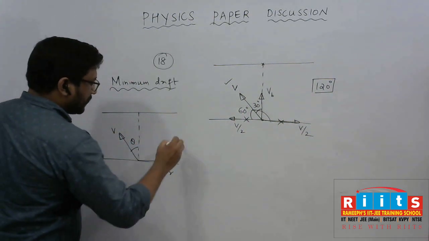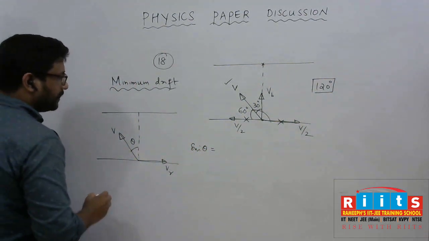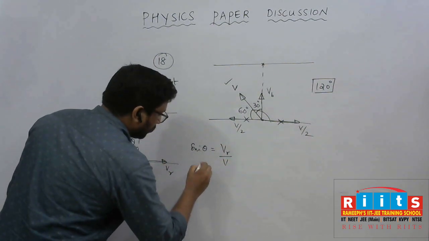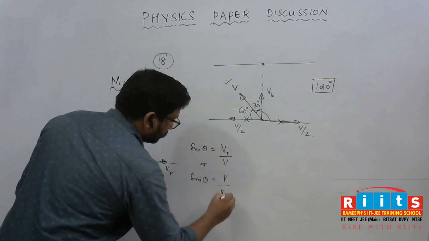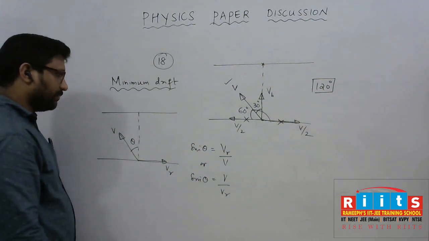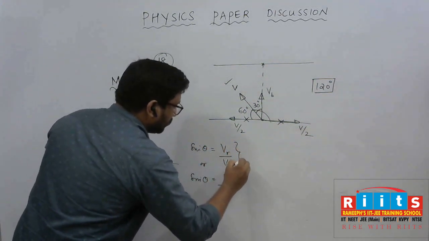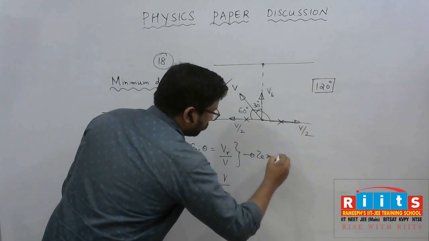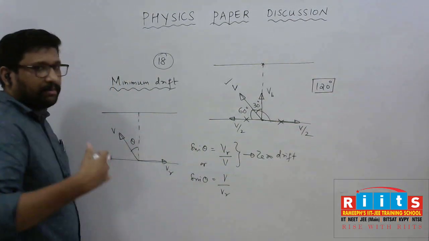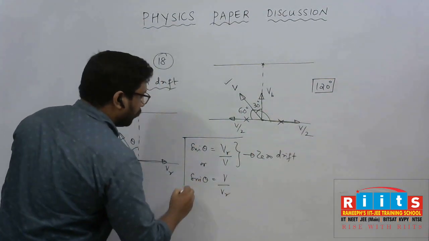For minimum drift, sine theta will be either VR by V or V by VR. Clear? When the value is VR by V, this is the condition for zero drift. And this is the condition for some other minimum drift.